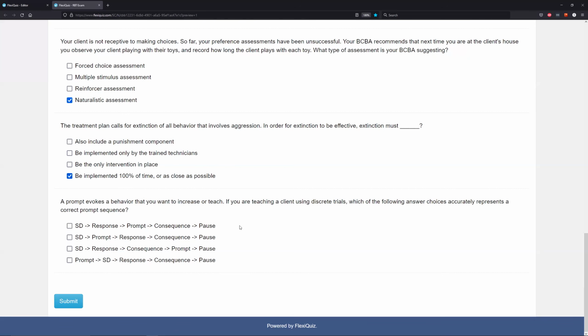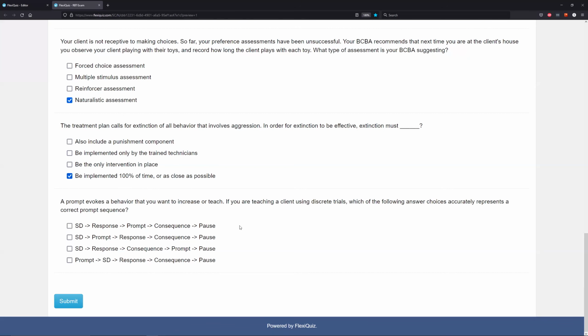And finally, a prompt evokes a behavior that you want to increase or teach. If you're teaching a client using discrete trials, which of the following answer choices accurately represents a correct prompt sequence? So this question was to know, when does the prompt occur during discrete trials? The reason we're going to ask this question is because it's a super common mistake for RBTs to prompt in the incorrect place.